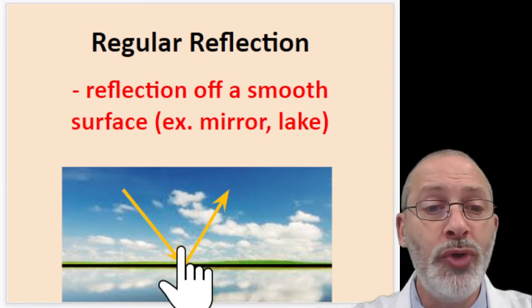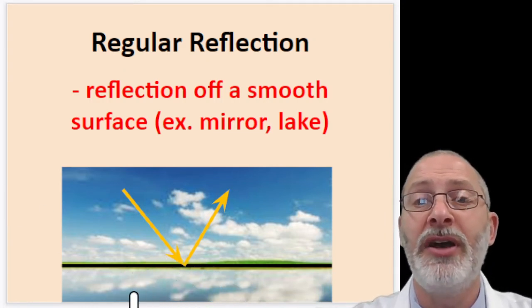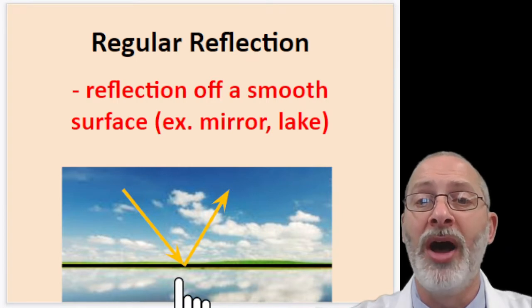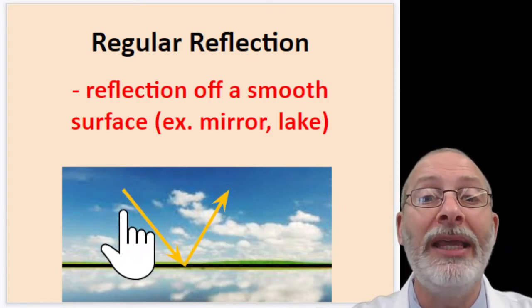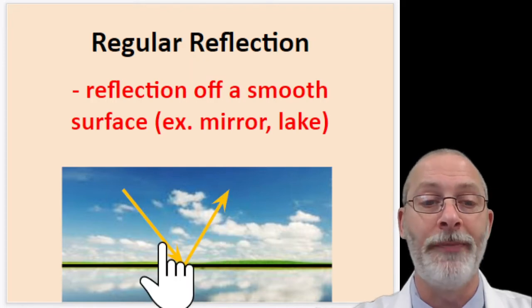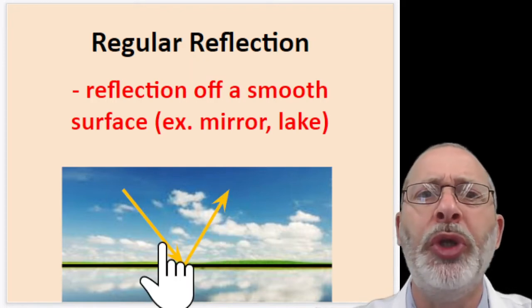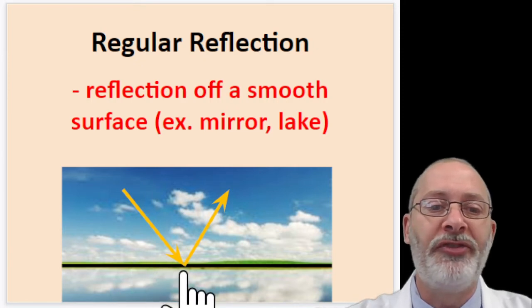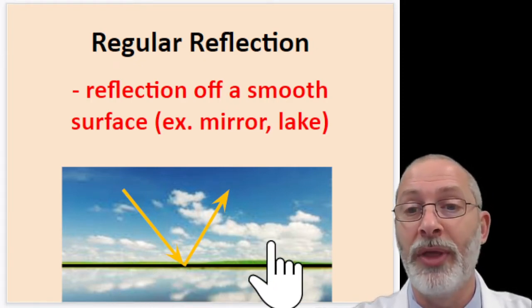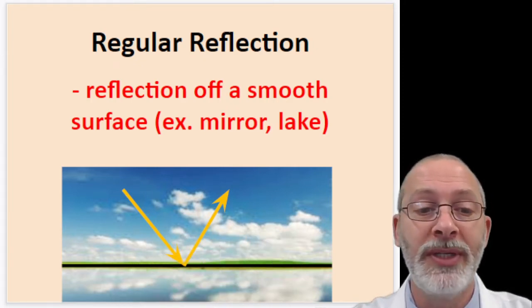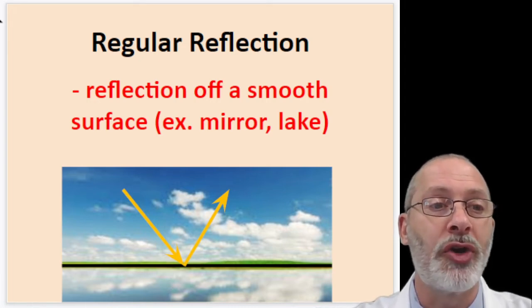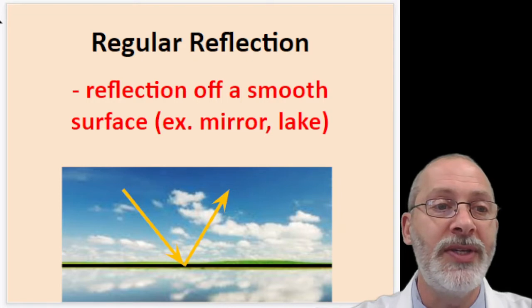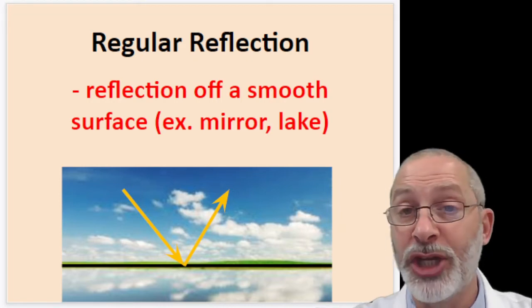The smooth, perfect surface of a lake or a pond can provide the opportunity for regular reflection in nature. It's what gives us those beautiful reflective scenes of clouds or mountains in the background off of a smooth surface. So, this is the first type of reflection.